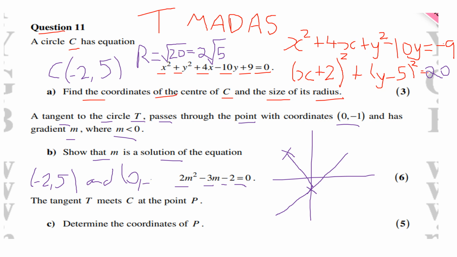So the gradient of the radius to the tangent will be y2 minus y1 over x2 minus x1, so subtract minus 2. So we're going to have minus 6 over positive 2, so that'll be minus 3.